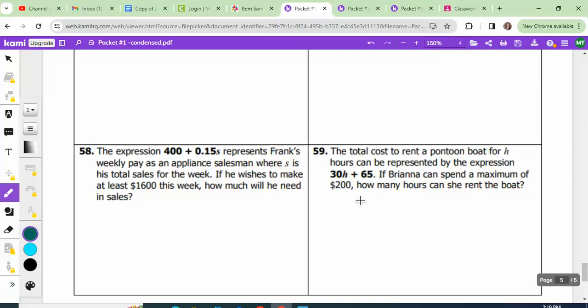So what would we do? X is hours. Or it already used H for the hours, but yeah. Because if we were writing our own equation, we'd probably do that, but it gave it to us. And we know she has $200, so what would I say? Equals 200. Yeah. So then we solve this.